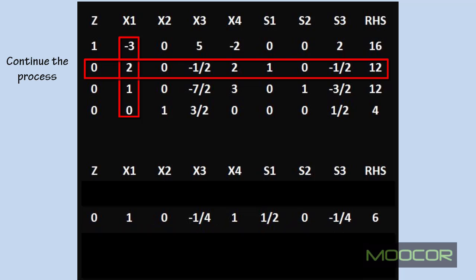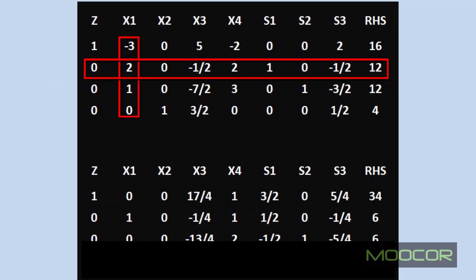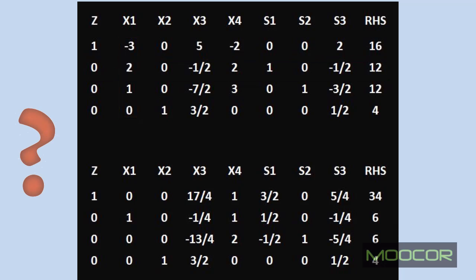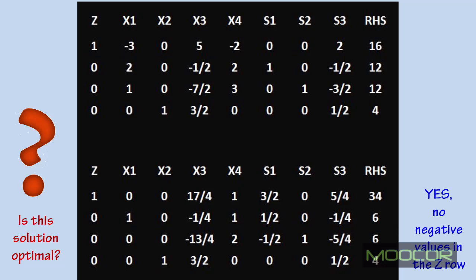We will do the process as before, and we come up with the new solution. As we come up with this new solution, by looking at the 0 row, we notice that there is no negative number in there, so it cannot be improved. So this solution is actually an optimal solution.